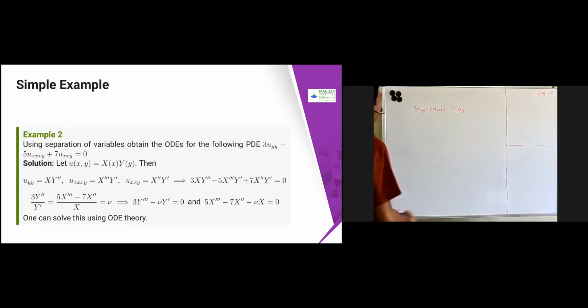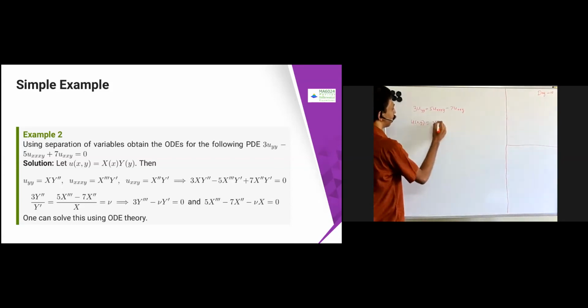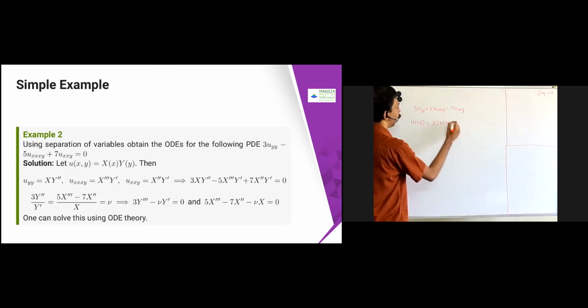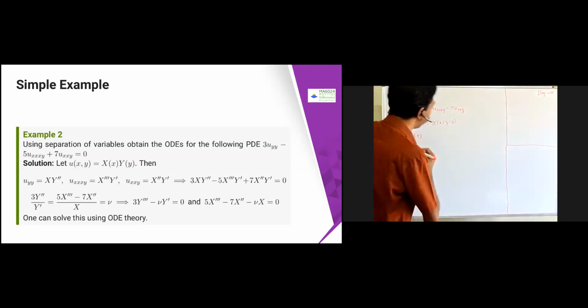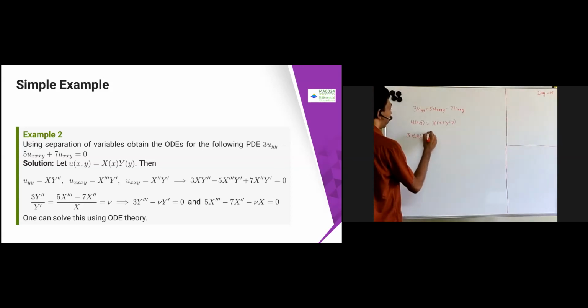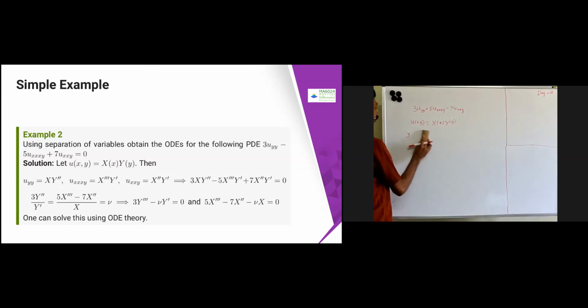Okay. So here once again, same thing. You take u(x, y) equal to X(x) into Y(y). I'm just directly writing this. So this is going to become 3 into X, with respect to y only. So this is going to become like Y double dash. I'm even ignoring the X of x so that I can write it easily.